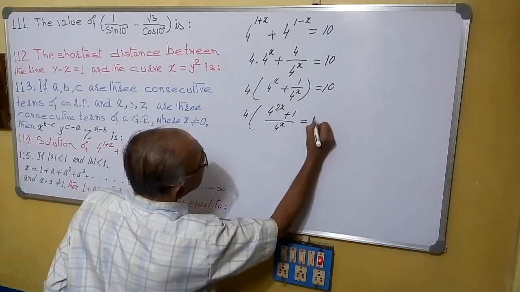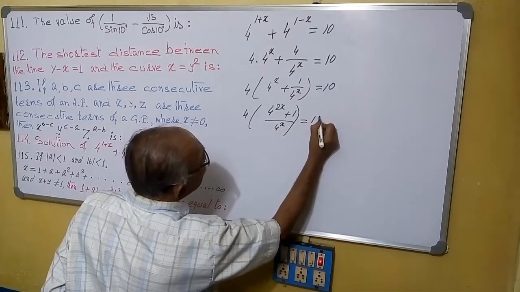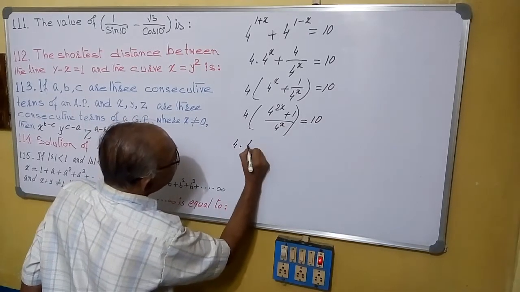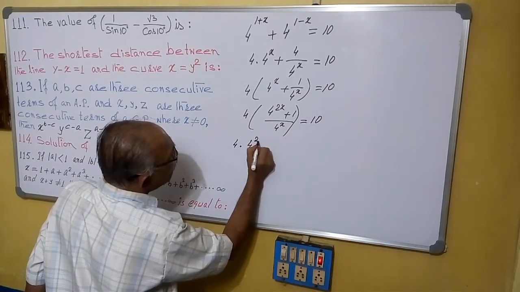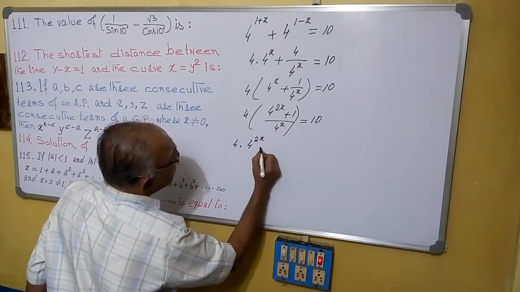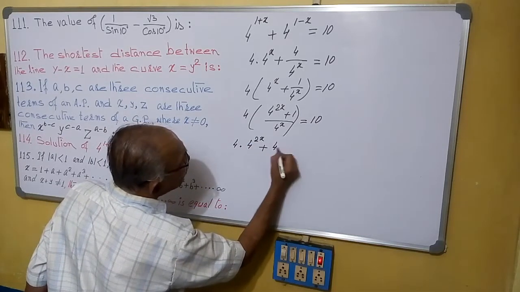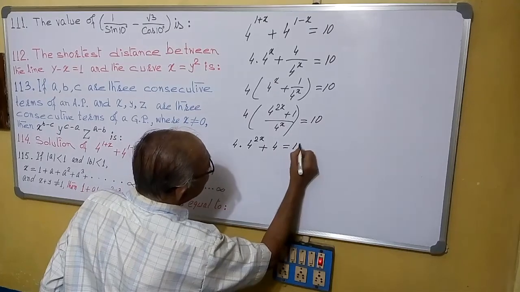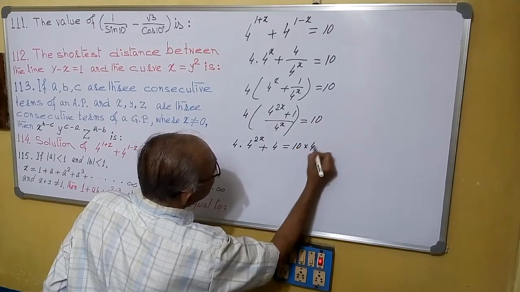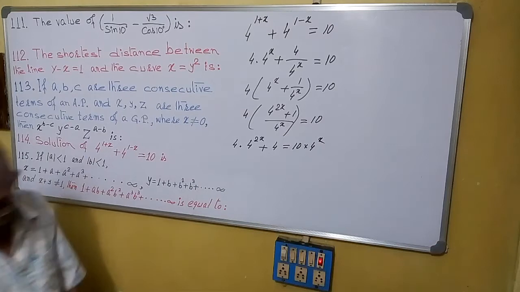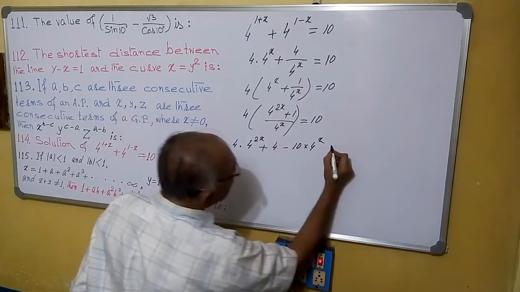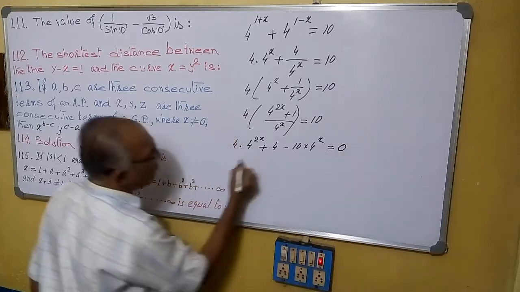We can write 4 into 4 to the power 2x plus 4 equals 10 into 4 to the power x. If we bring this to this side, it will become minus, and this one will be 0.